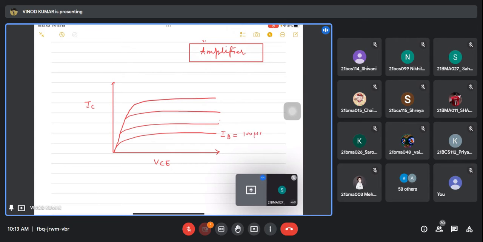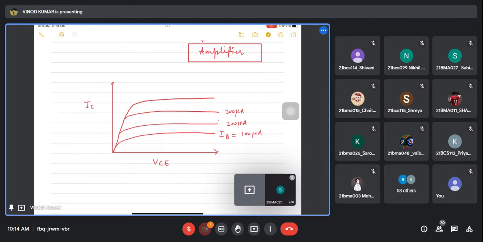Suppose I'm saying IB is 100 microampere, 200 microampere, 300 microampere, 400 microampere. So there is variation in IB here, and at different IB we have different ICs here.